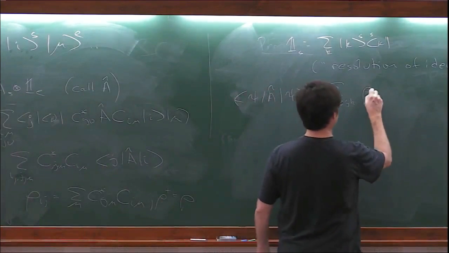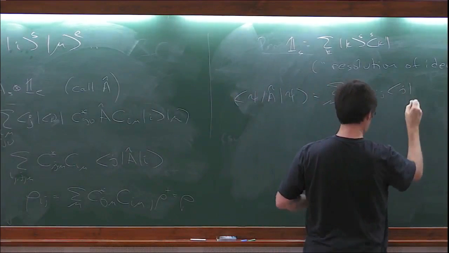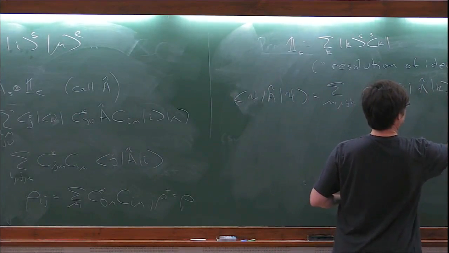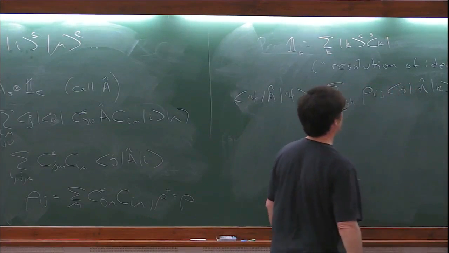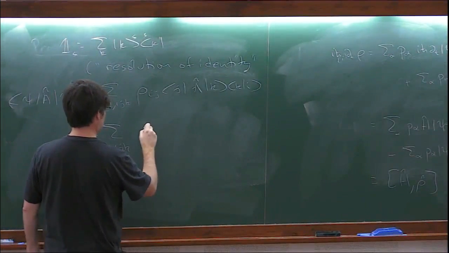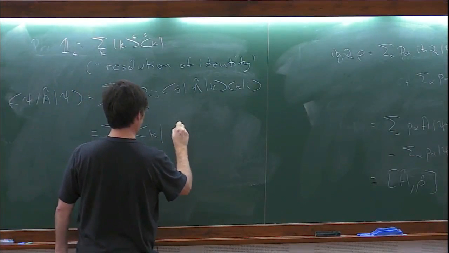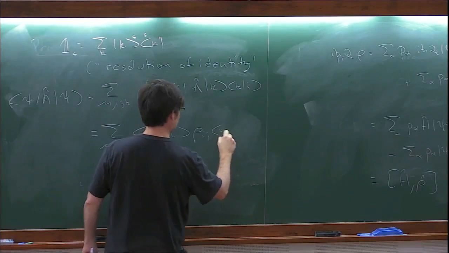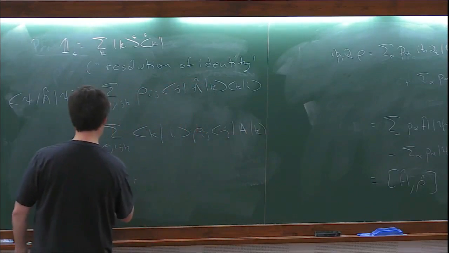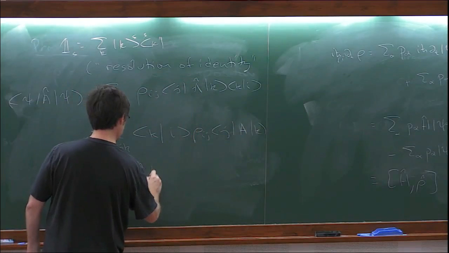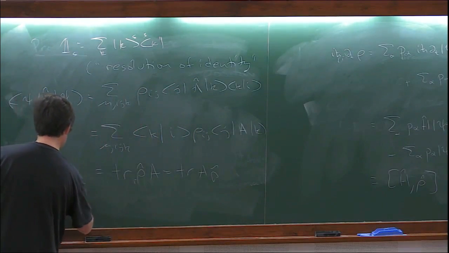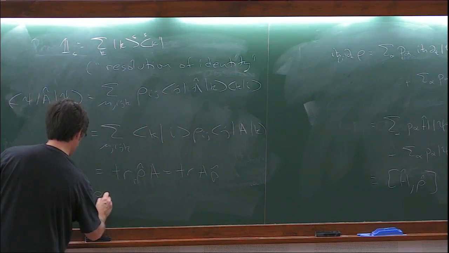So I can just write this as a sum over i, j, k of rho ij times A jk. And this is again equal to trace rho hat A, which is equal to trace A rho hat, where rho hat is the sum on i and j of rho ij.